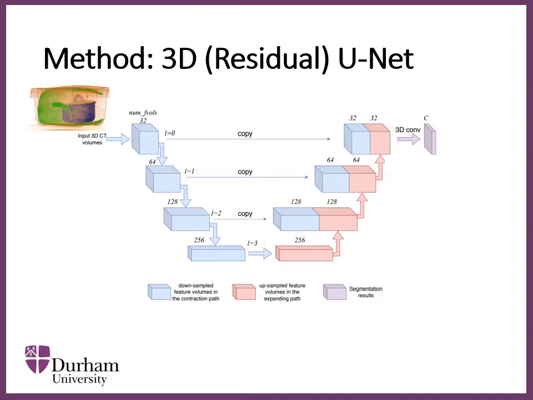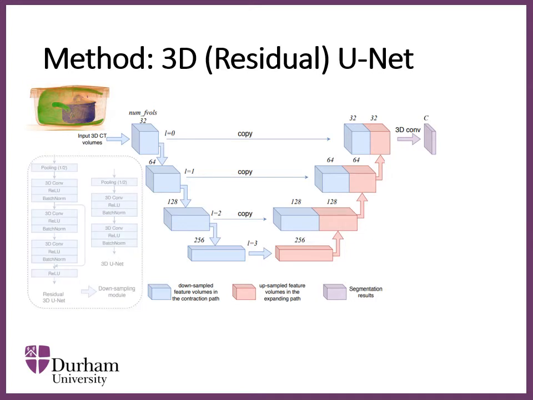In each level, the feature volumes are concatenated with the corresponding feature volumes from the contraction path. The detailed components of each downsampling module are illustrated in the diagram. For 3D UNet, we have a pooling layer, a 3D convolutional layer followed by a ReLU and a batch norm layer, and another 3D convolutional layer followed by a ReLU and a batch norm layer.